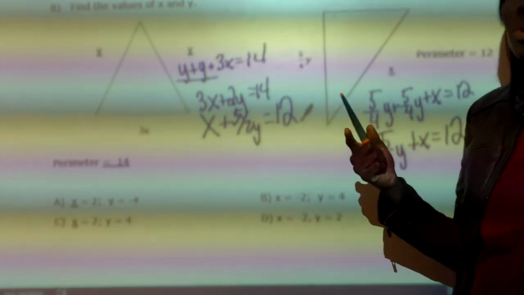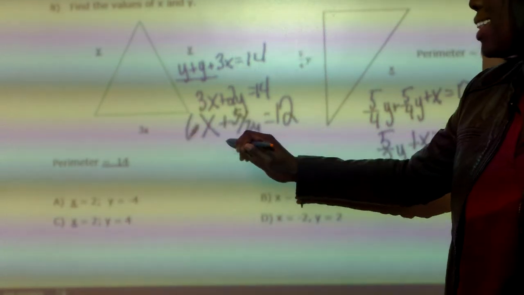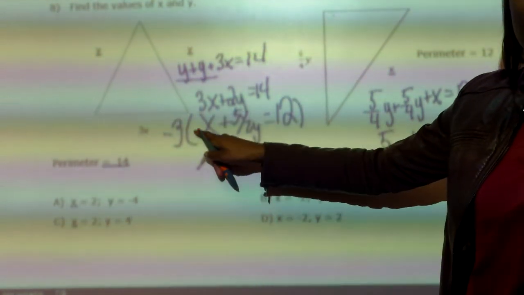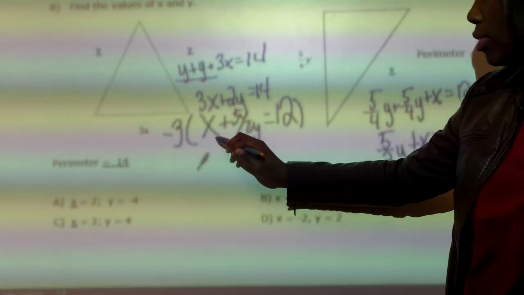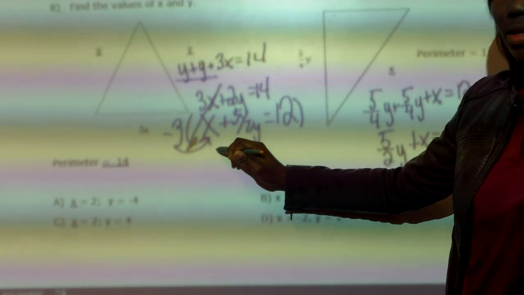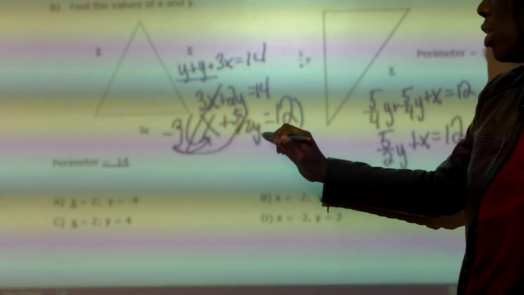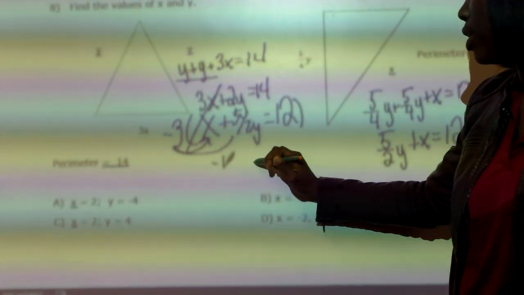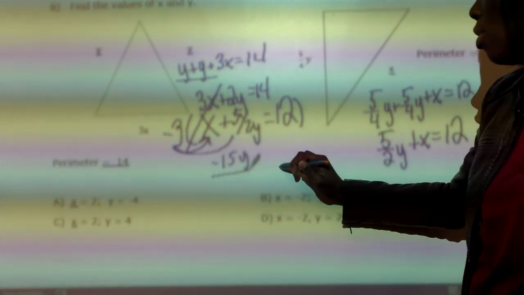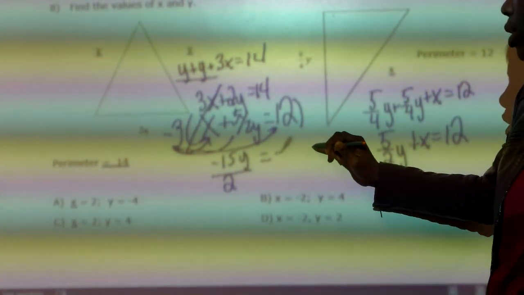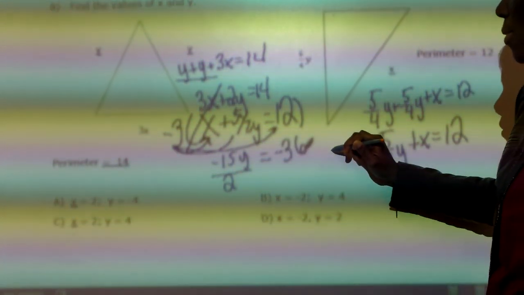With this one, elimination would be the easiest, because you could eliminate the x by just multiplying the whole bottom by -3 so that the x's can cancel. Because when you distribute here, 3x minus 3x cancels. And so here, -3 times 5 over 2y is going to be -15y all over 2, and then -3 times 12 is going to be -36.